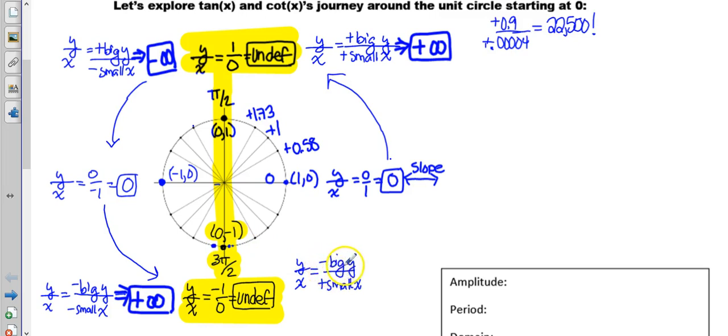So a negative big y value divided by a super small x value is going to approach what? Negative divided by positive is negative, and again, it's going to be huge. So it's going to be approaching negative infinity.